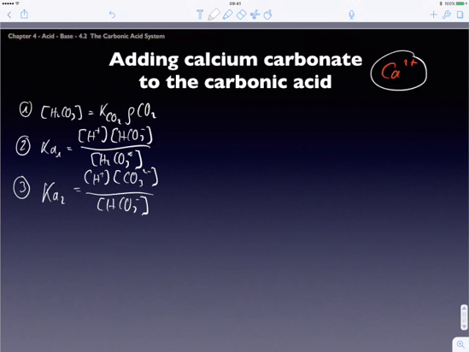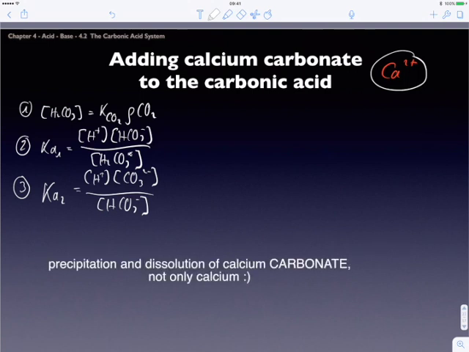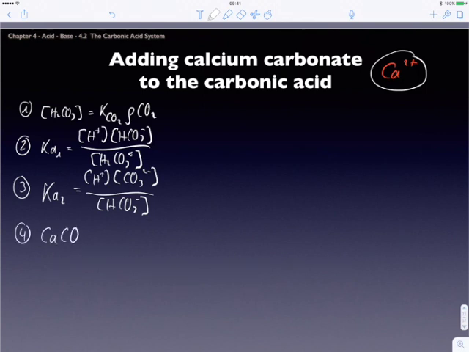Now we'll add two more equations to deal with this system because you're adding calcium. First is the precipitation and dissolution of calcium carbonate. The simple way to express that is CaCO3 giving you a calcium plus a carbonate.